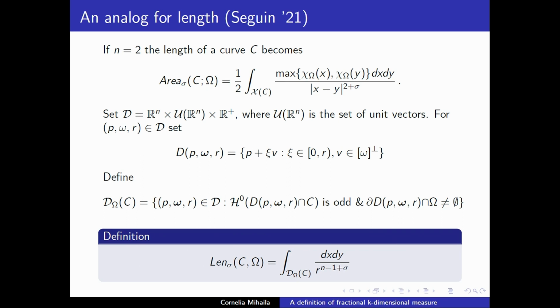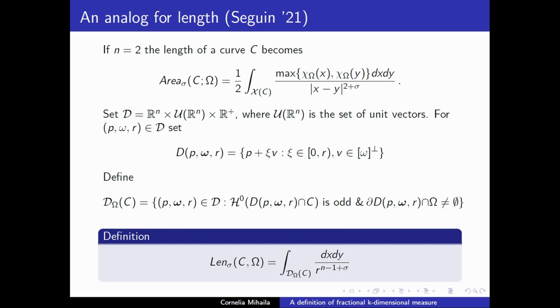And so we set this calligraphic D to be equal to the set R^n cross unit vectors in R^n cross R plus, where each of these three components is going to tell me something about my disk, essentially.